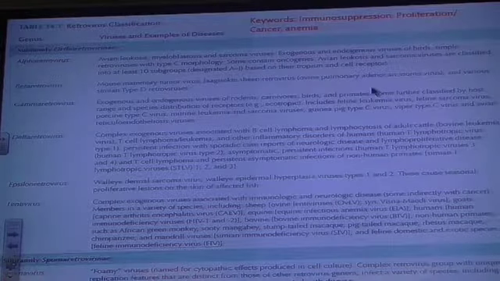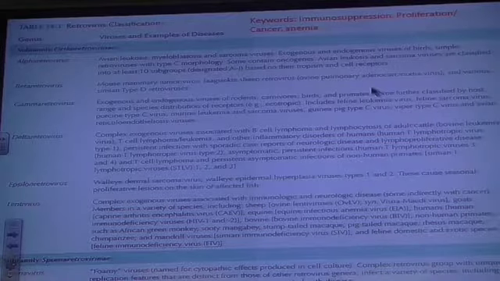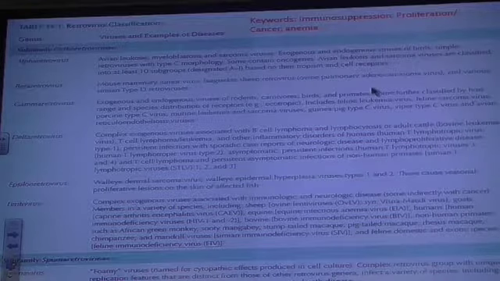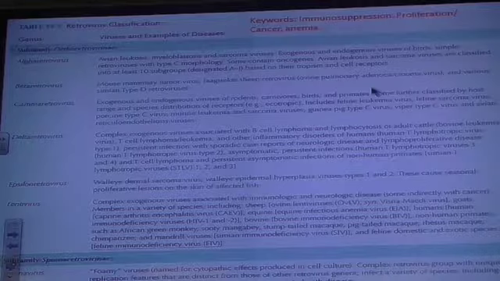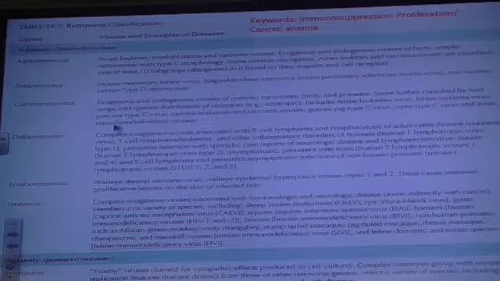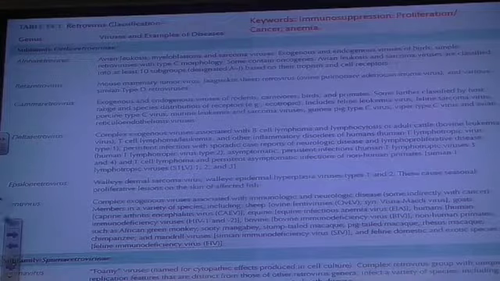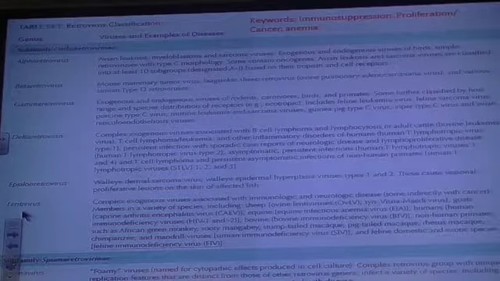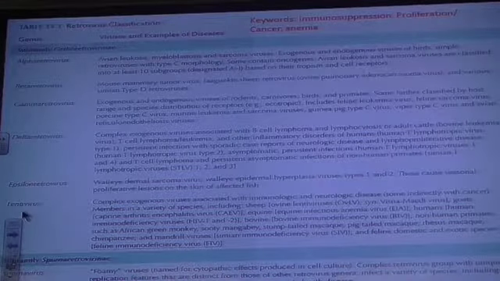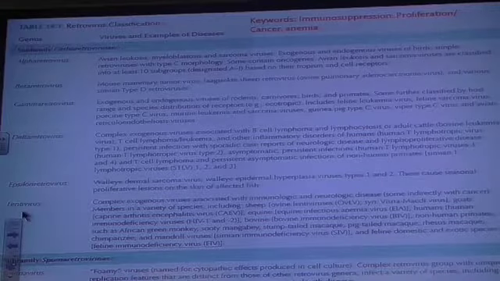Now, when it comes to retroviruses, it's a large family of viruses. What we are interested in is the lentivirus, which has the FIV and HIV.